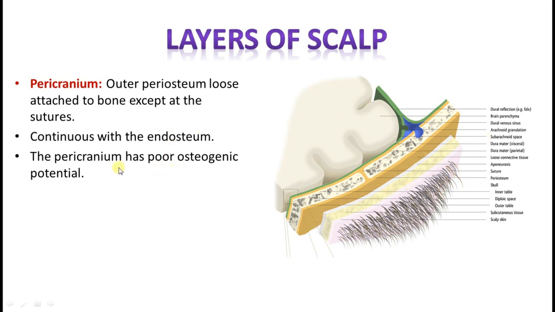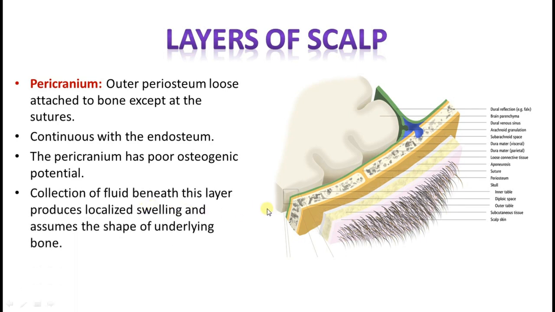Okay. So what happens is the pericranium has poor osteogenic potential. Usually the periosteum, the deeper layer, supplies the reserve cells for bone growth. But here it has a very poor osteogenic potential. Not only that, any collection of fluid between the bone and the periosteum assumes the shape of the bone.